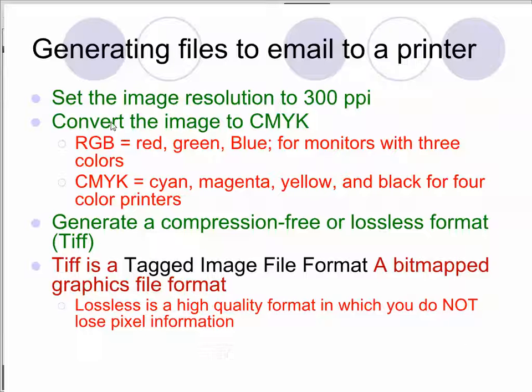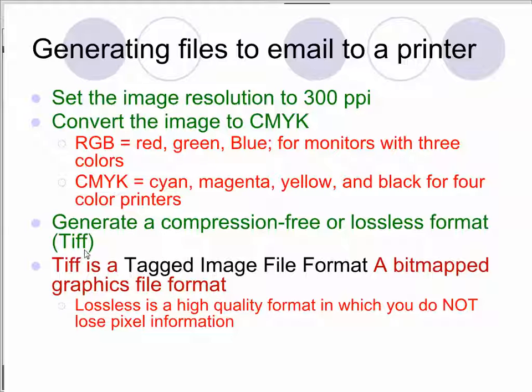Okay, so if you're going to send it to a printer, so let's say that you're going to have somebody print this thing, or if you're going to print it yourself, you want the image to be high quality. CMYK. So RGB is what monitors use. CMYK is what a printer will use. Okay, so here's a file format. It's TIFF.